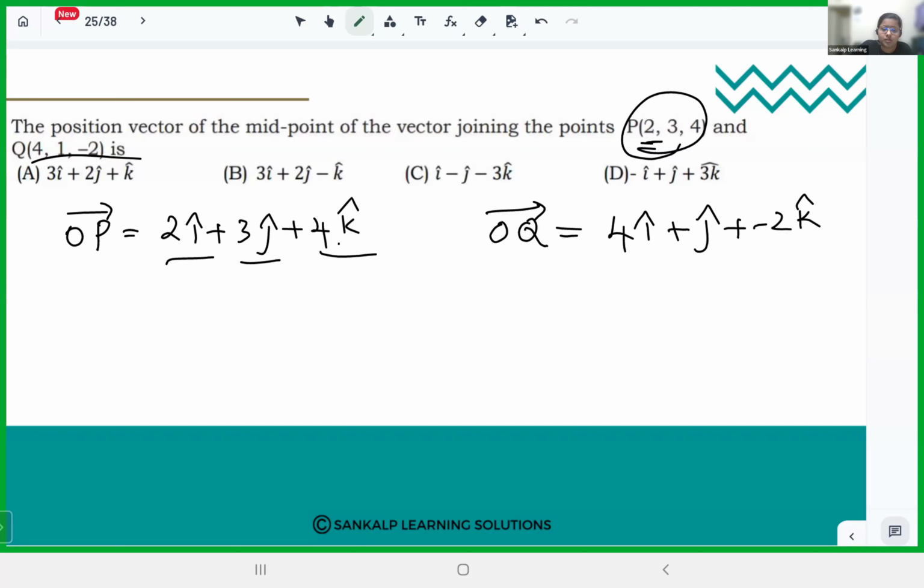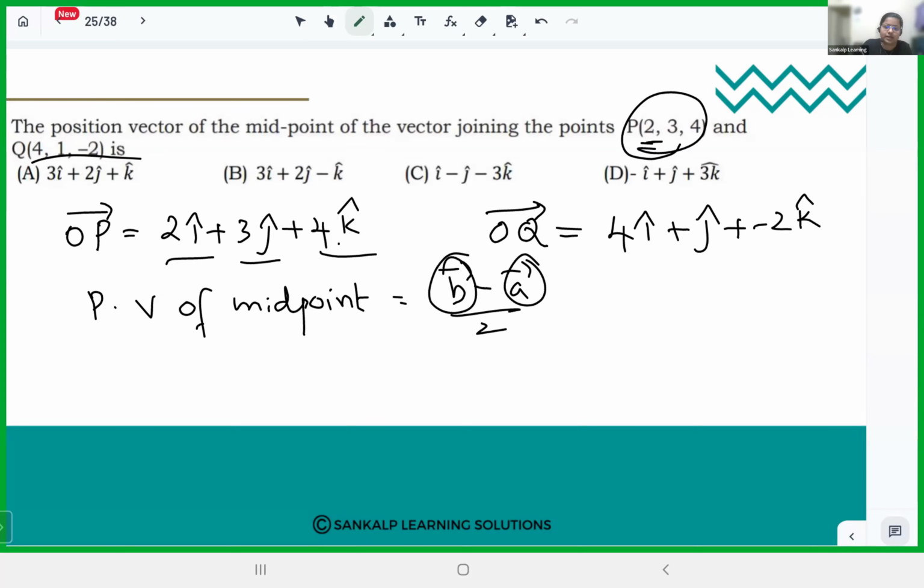Now you have to find out the position vector of the midpoint. There will be a midpoint of this vector. How will you find out the position vector of midpoint? Position vector of midpoint is equal to, we have already studied it, right? Vector B plus vector A by 2. And what is this vector B and what is this vector A? It is the position vector of the second point.